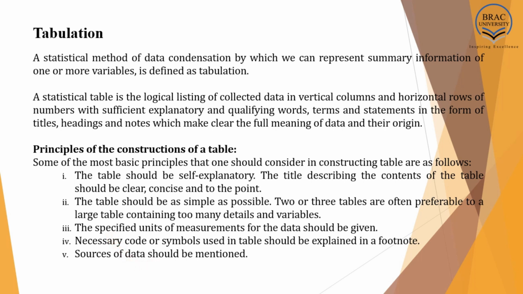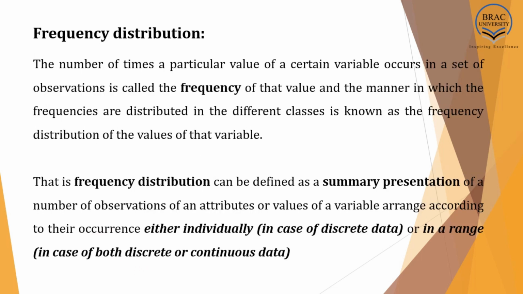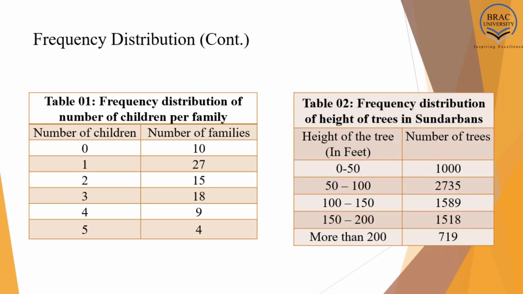Frequency distribution is a vital component that we usually do after doing the tabulation. It is the summary presentation of the number of observations. It can be done either based on individual values, or it can be done in groups.